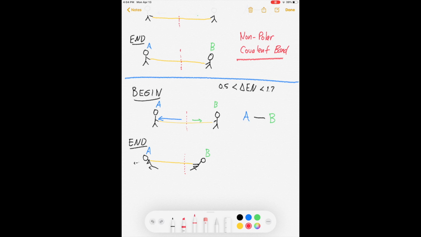To represent that, we put a little lowercase Greek letter delta and then a little itty bitty minus right there. That means atom A has a slight negative charge, because the electrons are on A more often than on B, so B would only have a slight positive charge.